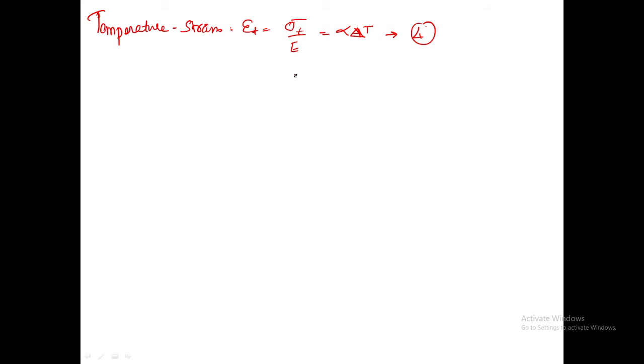Now let us note down the next possible case. This is a partial constraint or restraint.